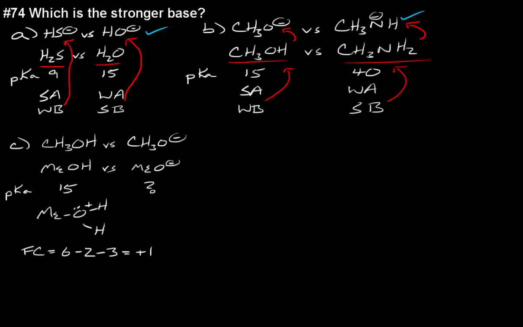At this point it's okay to go through this calculation, but after a couple of problems, you should be able to recognize very quickly that if oxygen has 3 bonds to it, 99.9% of the time it's going to be positively charged. So hopefully you won't have to do this calculation every single time. Okay, so now let's think about the pKa for methanol. If you think back to the pKa values we talked about before, we gave a pKa for hydronium, or H3O+.